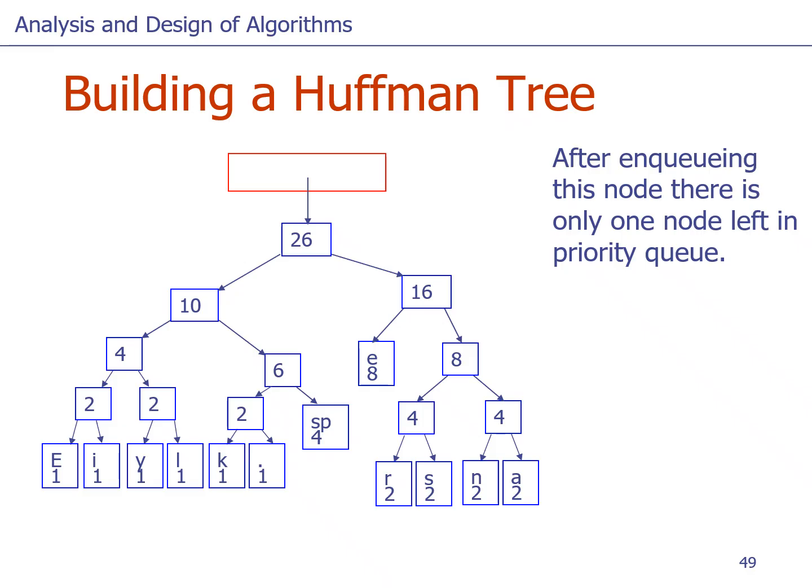There is no pair of nodes that I would dequeue and enqueue again. What you see here is what we can call the accumulation of frequencies from the smallest frequency at the leaf level, going upward to the higher frequency letters, all the way till the root level.